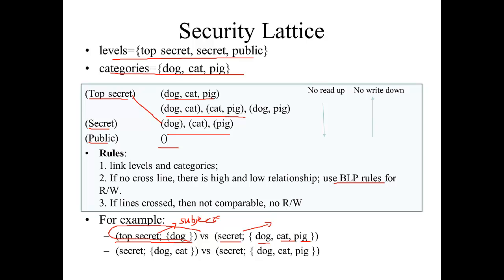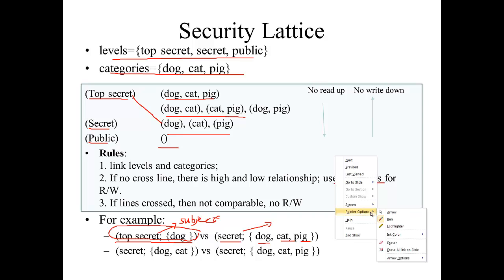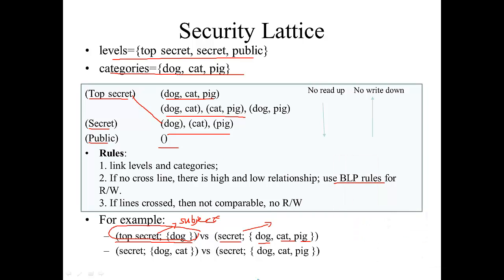Okay, it is here. Then let's change the pen. Okay, change the ink. Let's think about the object's information. Object is security. Okay, security, see here. Then it is dog, cat, pig.